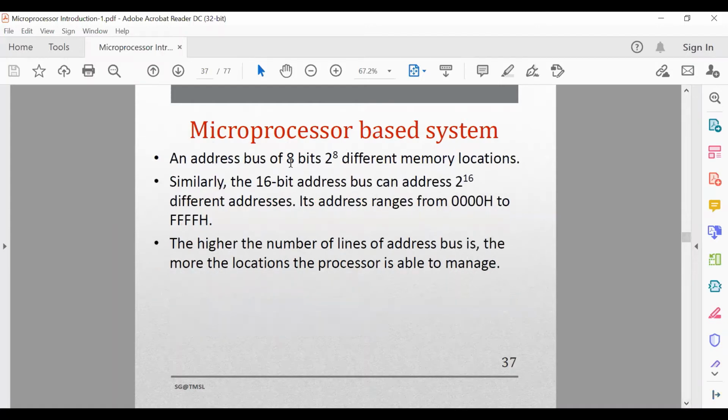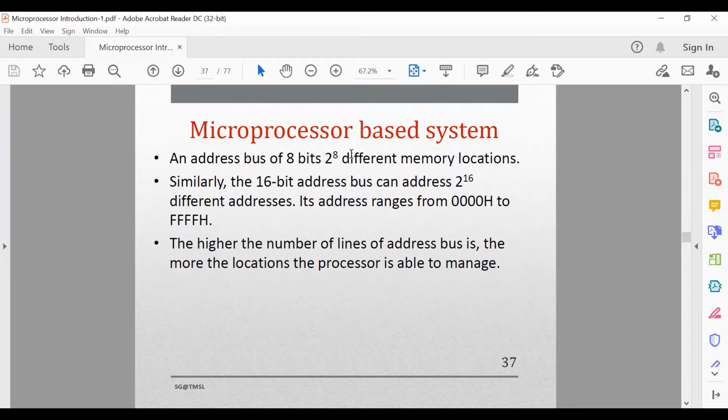How can you calculate the total number of memory locations? It is 2 to the power n, where n is the number of address lines. So with 8 address lines, the total is 2 to the power 8, that is 256 memory locations.